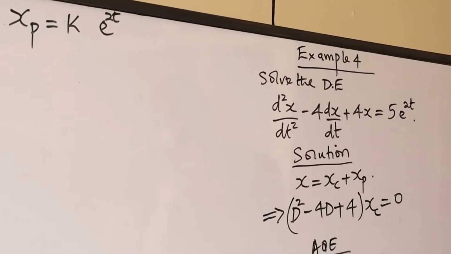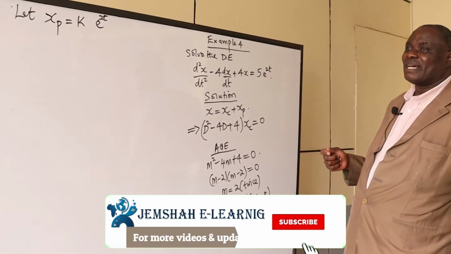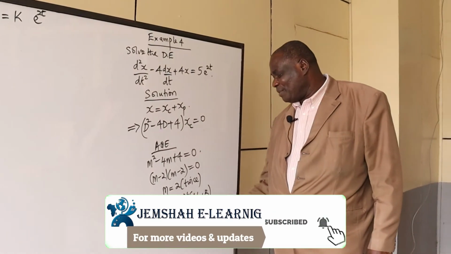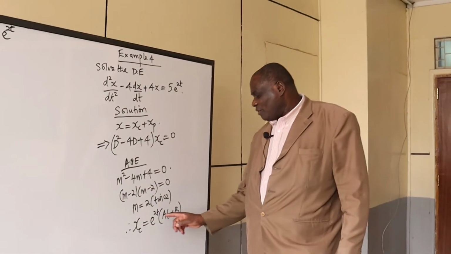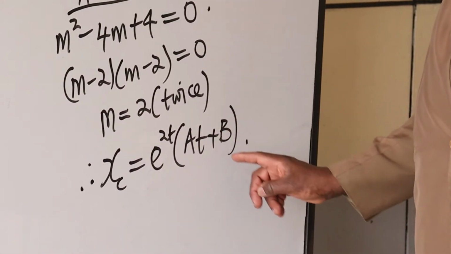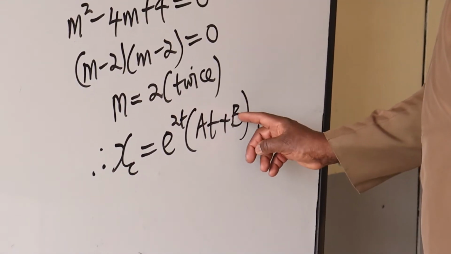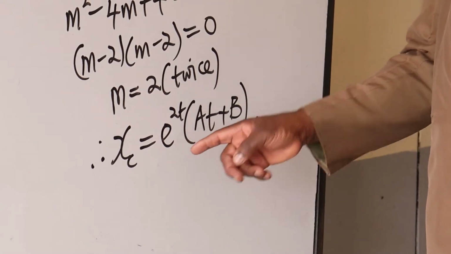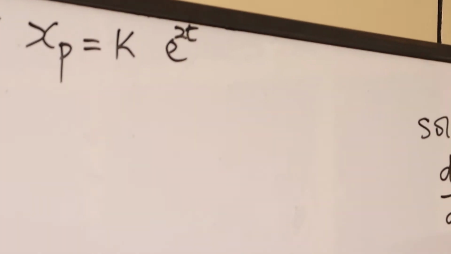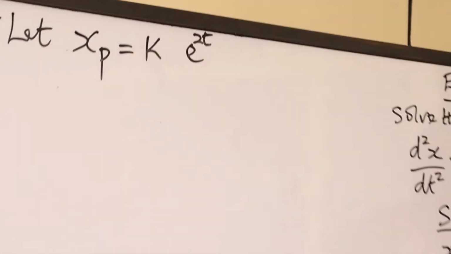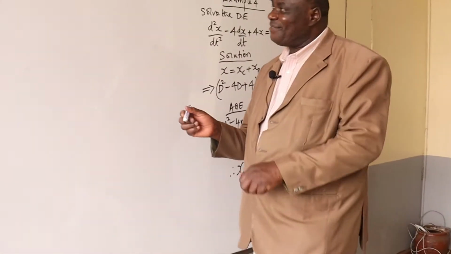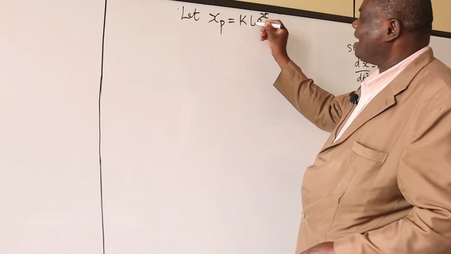If we have something like that already contained in our complementary function, from here exponential 2t times b gives us b exponential 2t, which will resemble that. So we don't want a duplication. So we deviate from whatever is already contained in this. So we deviate by multiplying by t.